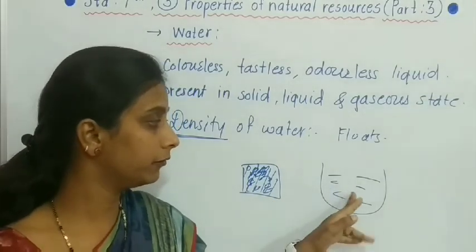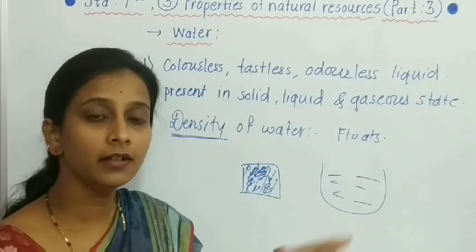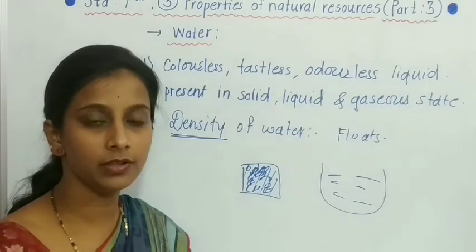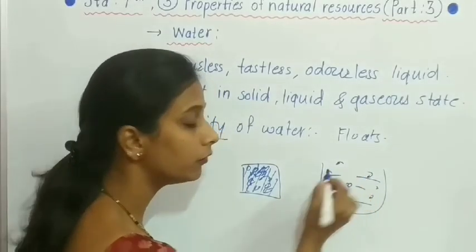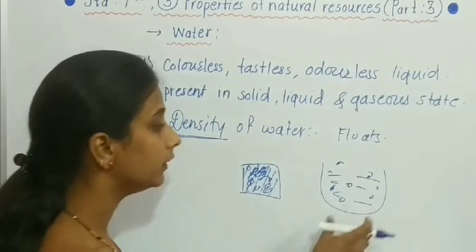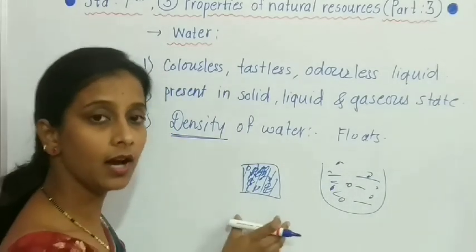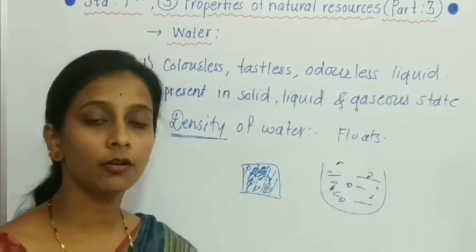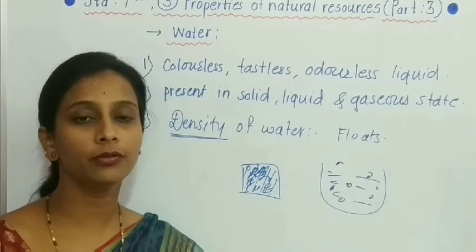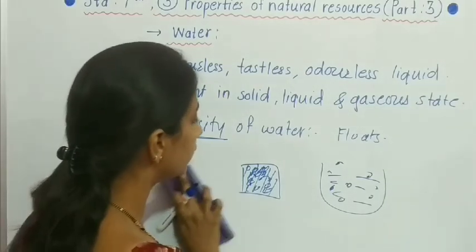And if we see the arrangement of molecules inside the water, they are loosely bound with each other. More space is present between the molecules of water, so liquids have less density and solids have high density. Understand? So the compactness of molecules present in a substance is called density.